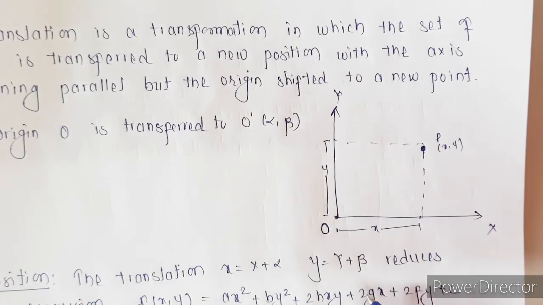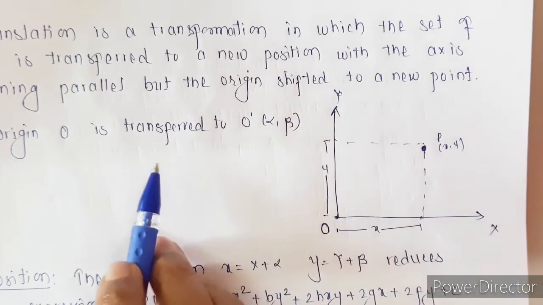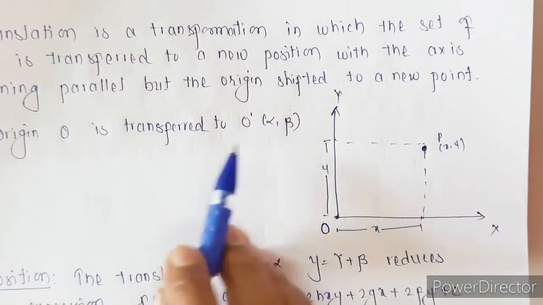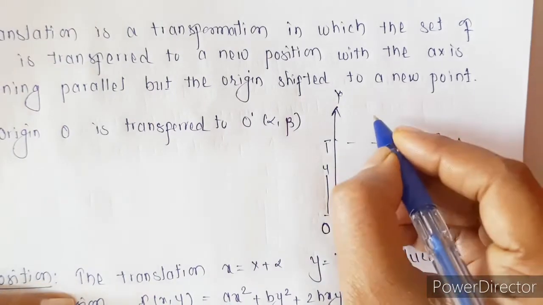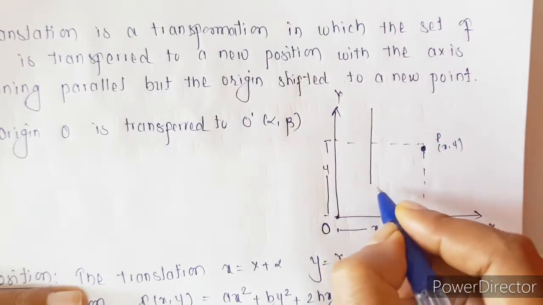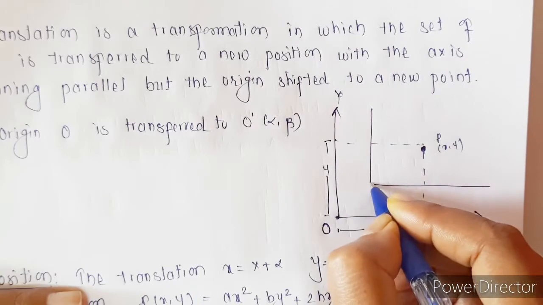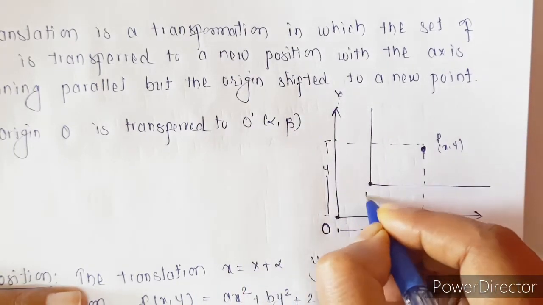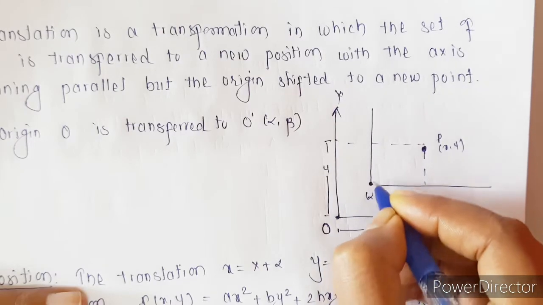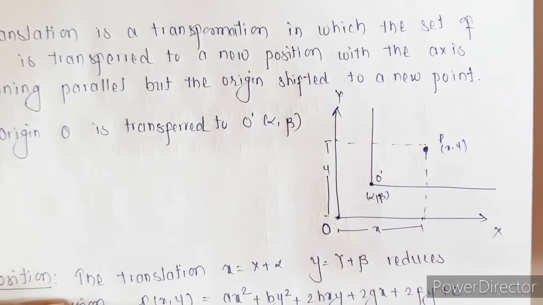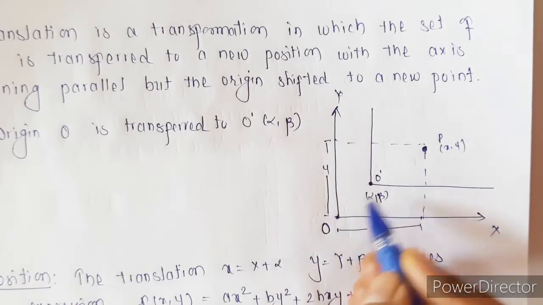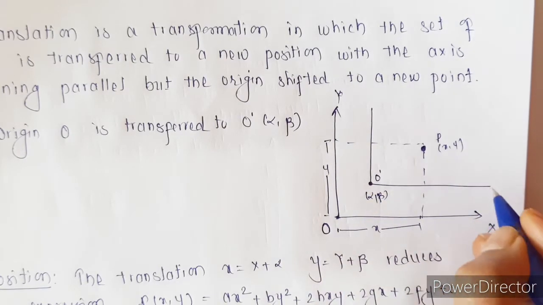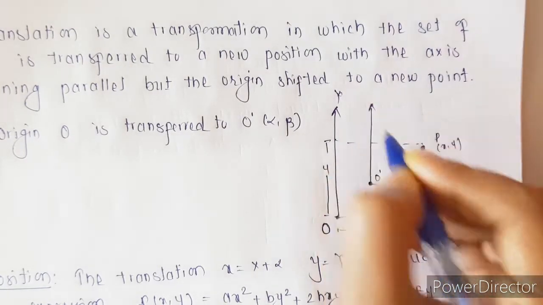Now suppose we are shifting our origin, we are transforming our origin from O to O dash. So suppose we are shifting it over here, with new coordinates alpha, beta. Suppose this is our O dash. We can shift it, but it has to be parallel to the coordinate axes.